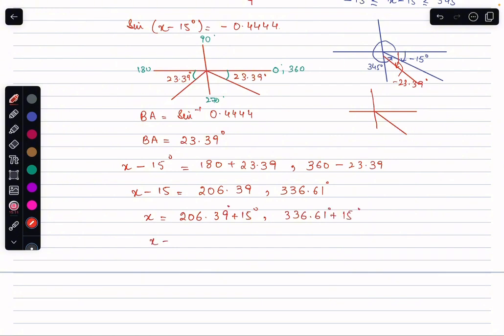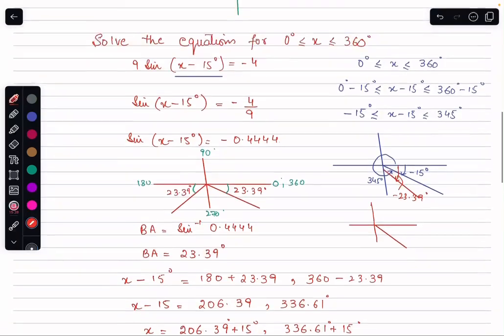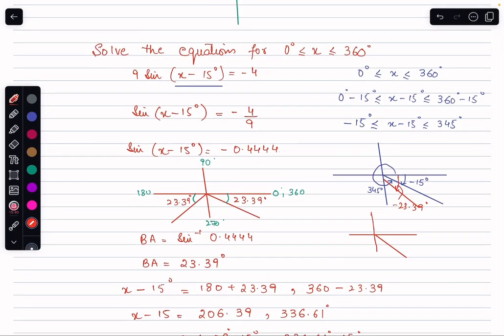The final answer that we shall be having here is going to be 351.61 degrees and 221.39 degrees. So 221.39 and 351.61, again they are confirming the x domain, which was from 0 degrees up till 360 degrees.